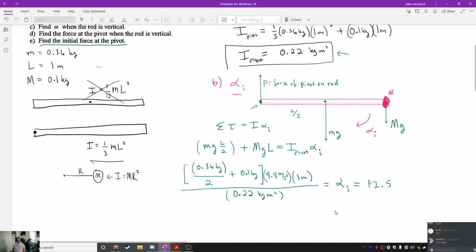Okay, now, what do I write down for my units for this? If you look at the units in here, if you just look at the units from kilograms times meters per second squared times meters divided by kilogram meter squared, what unit do I get out of that?